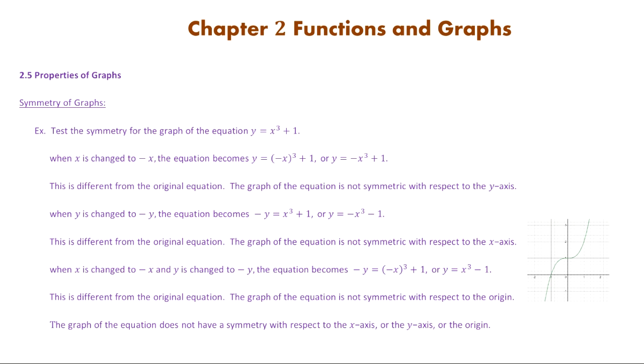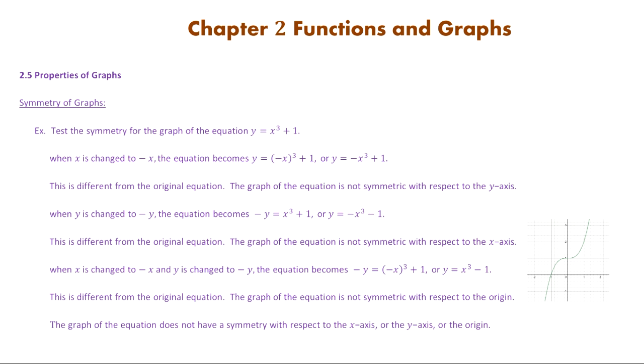Remember, I change x to negative x to test the symmetry of the graph with respect to the y-axis. Similarly, we can change y to negative y and see what happens to the equation itself. This time we got negative y equals x cubed plus 1, or if you multiply by negative 1 on both sides, y equals negative x cubed minus 1. Again, this is not the same equation as the original problem.